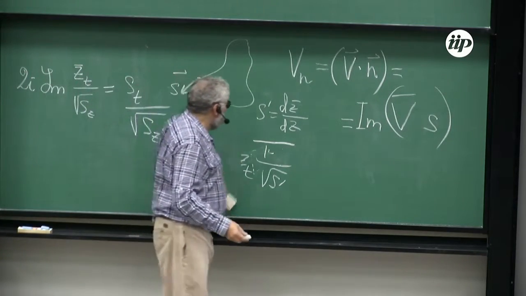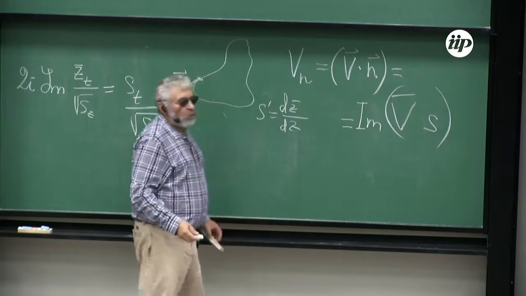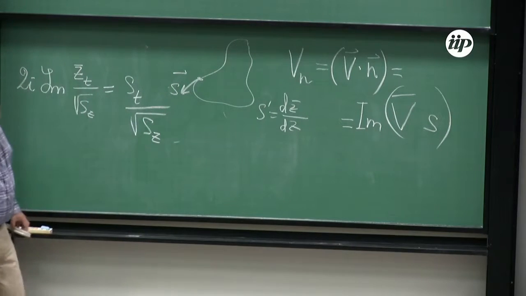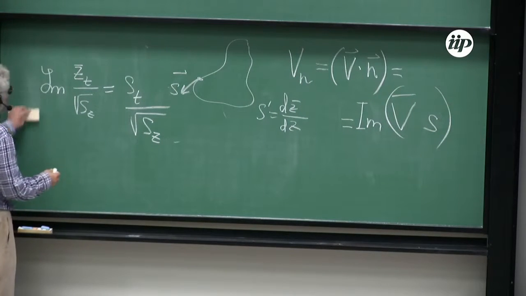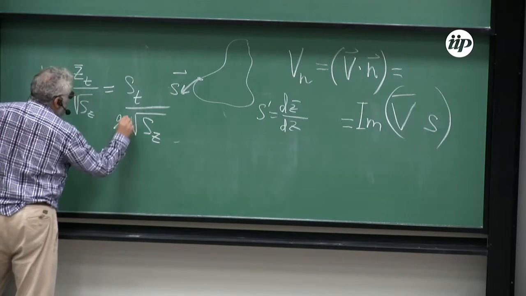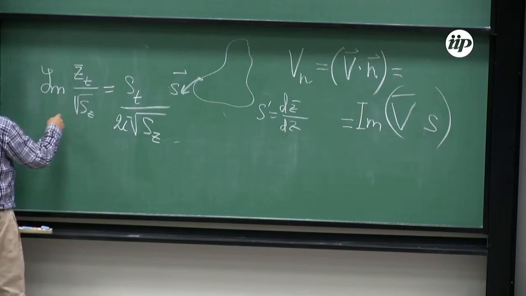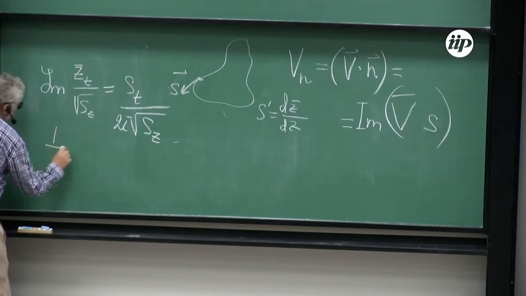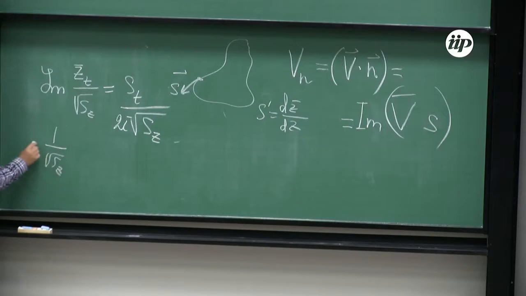Now you see that we are close to the little secret behind this problem. This, as we proved a second ago, is the unit tangential vector.